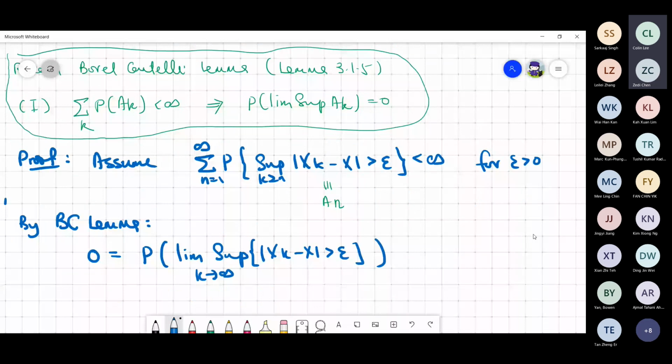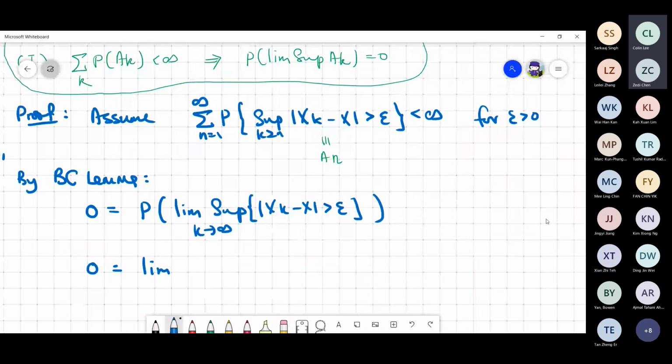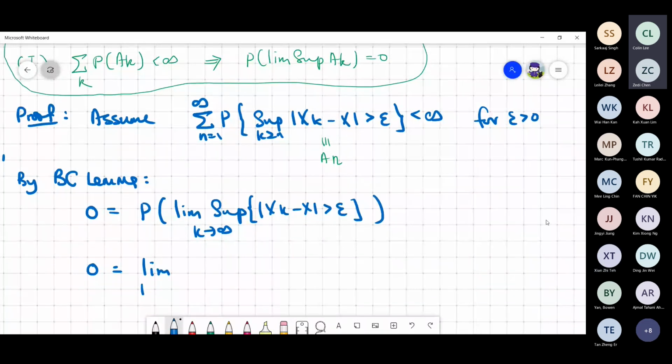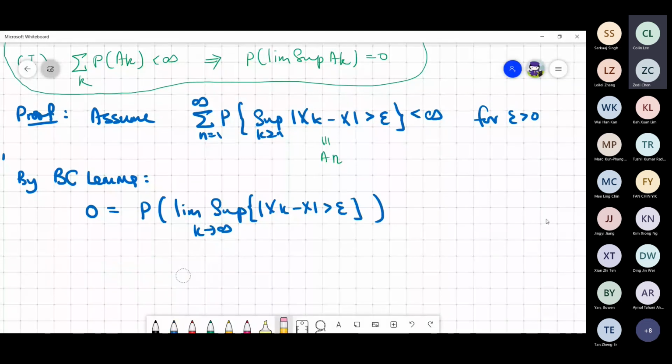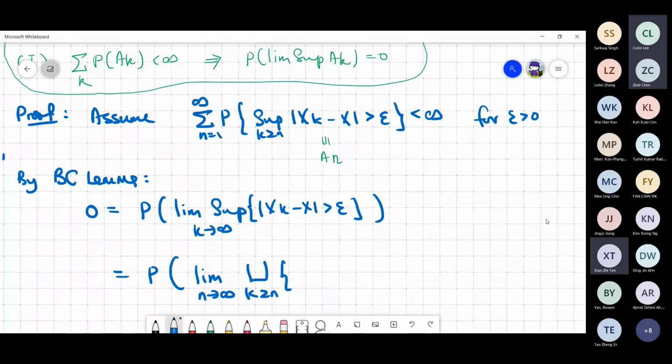Again, because this is a decreasing sequence, we can have this. Maybe I do it step by step for you. The probability of the limit supremum is actually equal to P of the limit as n goes to infinity of an intersection of unions, the union over k greater than n of this event.